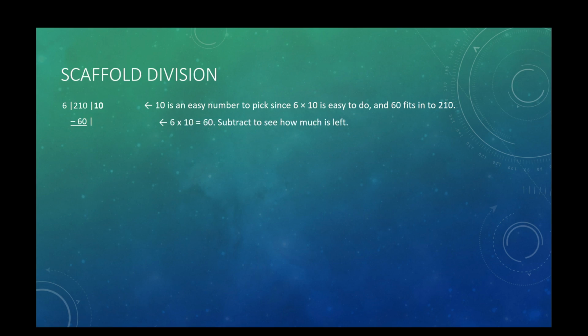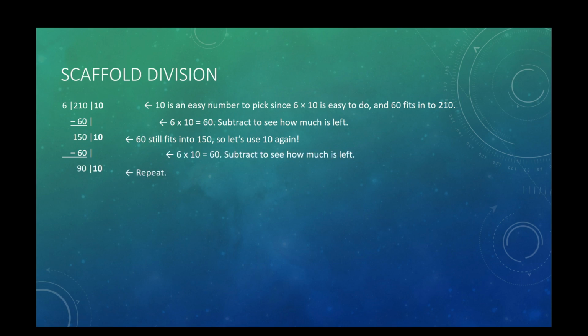We subtract the 60. We have 150 left, which gives us room for 10 more 6s. So we use 10 again. And we subtract the 60 that we got from 6 times 10. And we now have 90 left, and we do 10 again. Why are we doing 10, 10, 10?